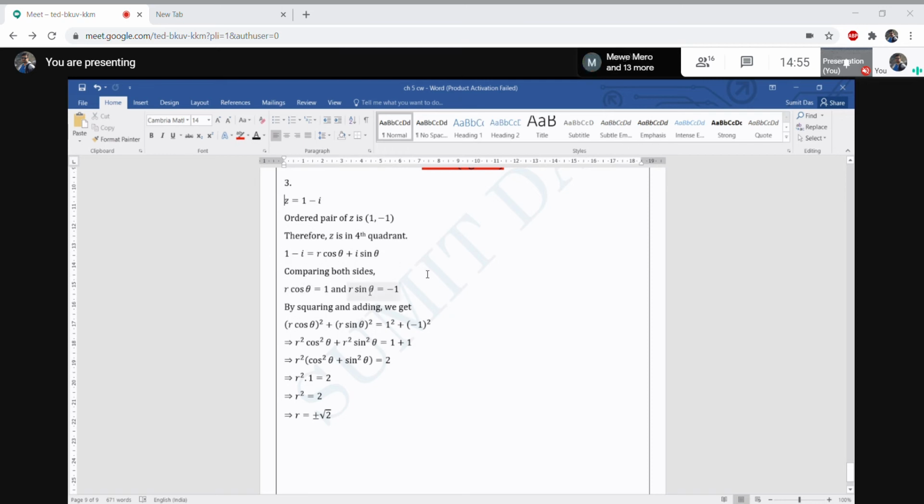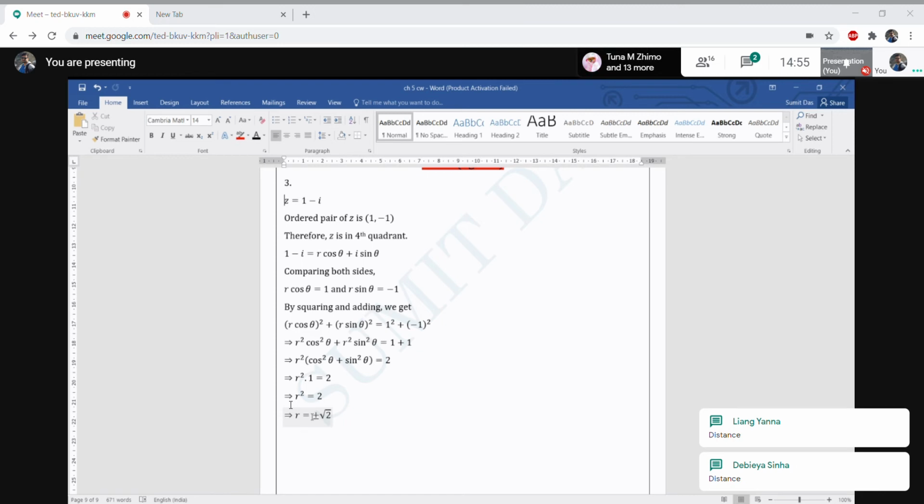Then squaring and adding them, we are getting r equal to plus minus this one, but we'll take only plus. Why? What is R actually? I told once, anyone remember?